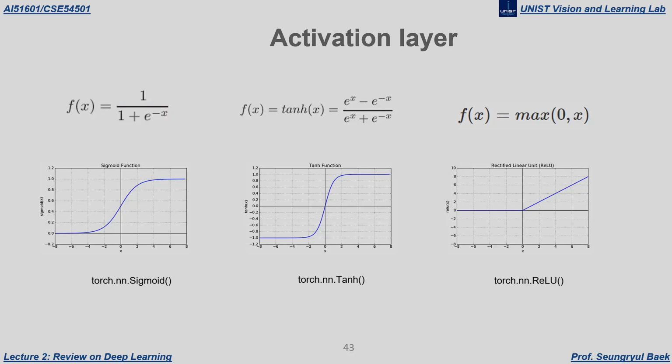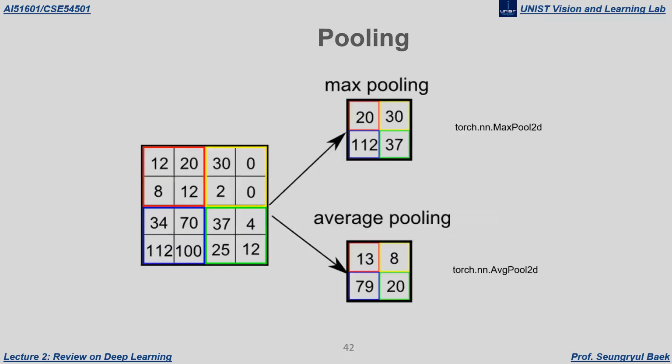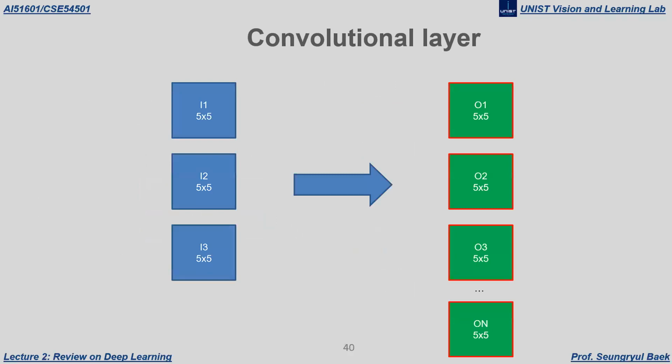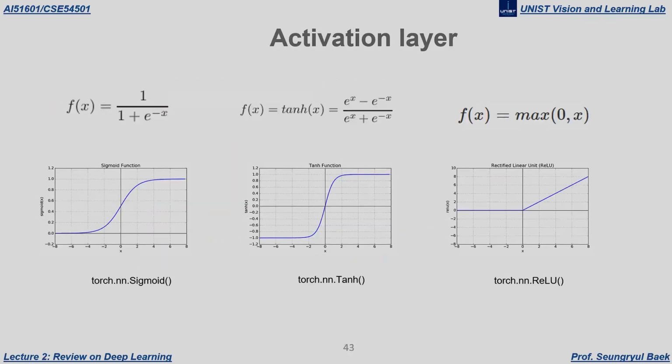Why do we have to involve the activation layer? The convolution operation, and at the later part the linear operator, multiplying some weight and adding some bias, are all linear.